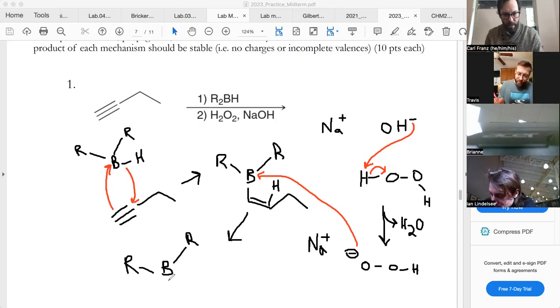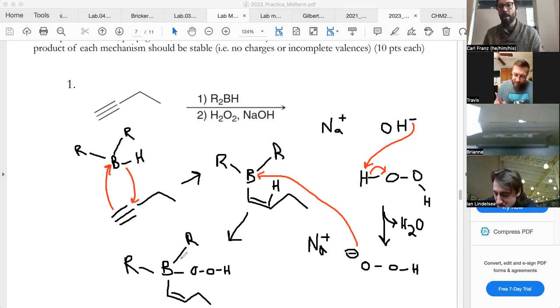We have this. And then now boron has four bonds. And we know because we talked about boron and how it's unique, and it likes to have these 3 bonds.